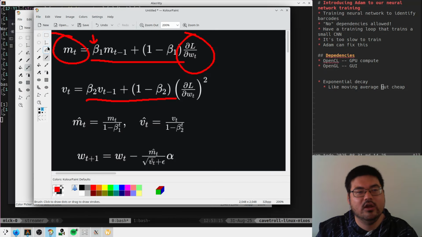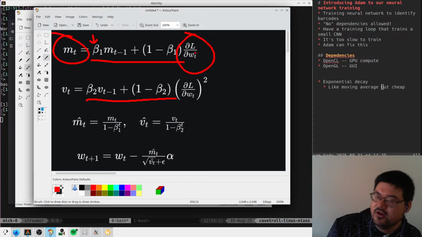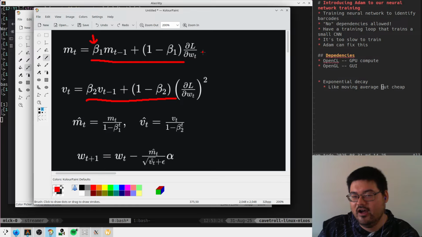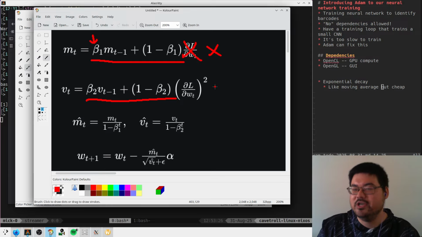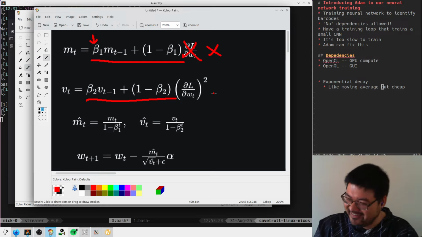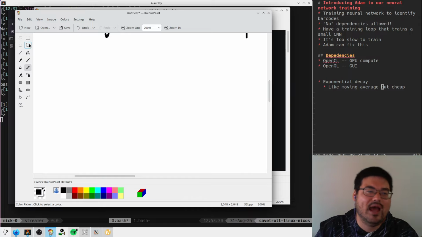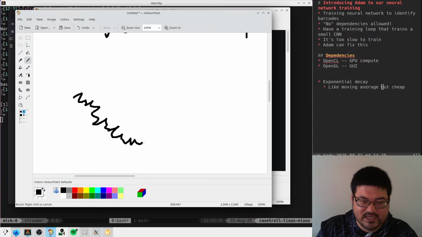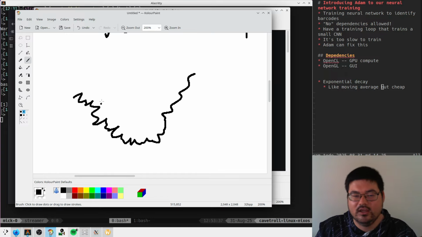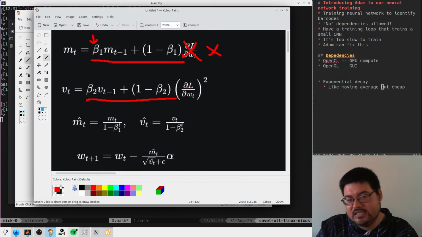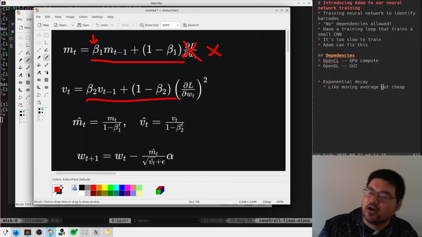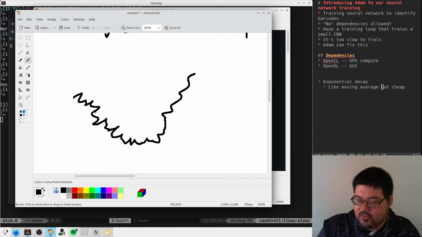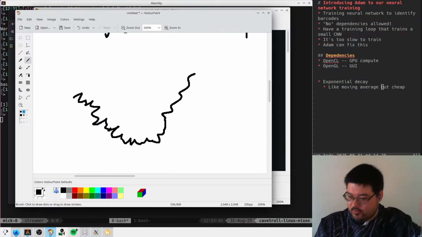We can pretend that every time we see dL over dW, we just call this X. We just call this the number we care about, right? So if you had your signal like we were talking about before, with some sort of noisy parabola shape, the dL over dW is the answer, the number that we got.